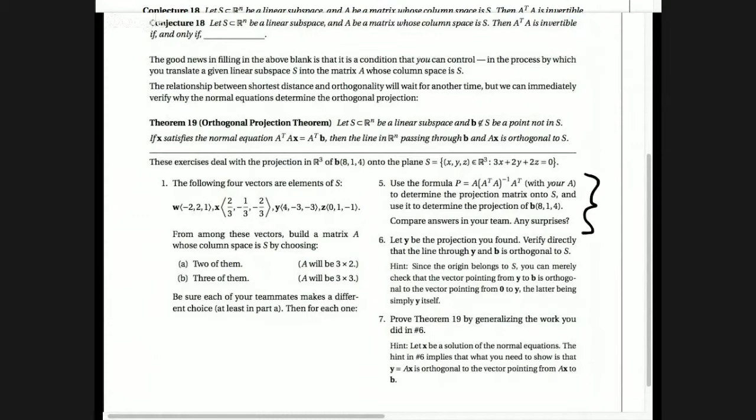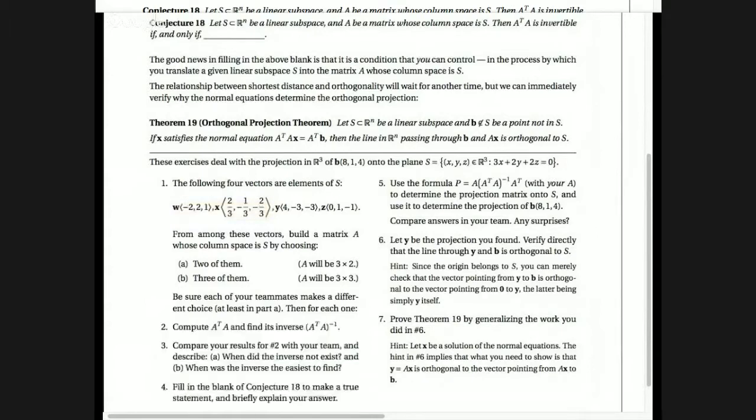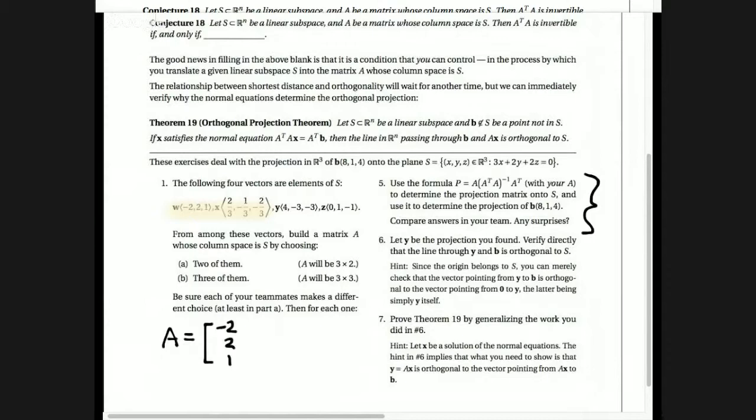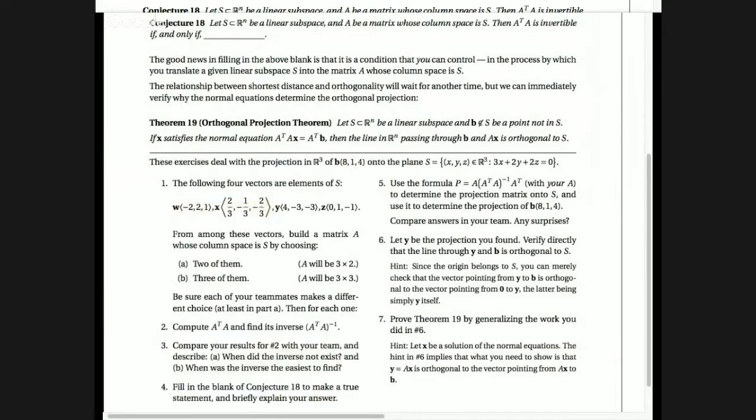So I'm going to pick, just for the sake of argument, W and X for my 2 vectors for which to build my projection matrix. If those are the ones I pick, then my matrix A is -2, 2, 1, 2/3, -1/3, -2/3.